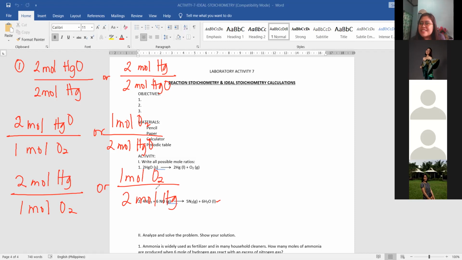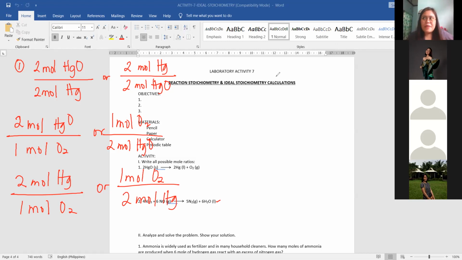May iba ba kayong answers dyan sa number 1? Or did you get the same answers written on the screen? So I hope tama ang inyong answer ha. That's how you identify all the possible mole ratios in a given chemical equation.